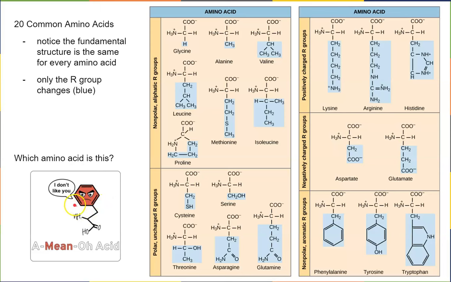So which amino acid is that right there? And if you said phenylalanine, then you'd be correct, right? Because it has that carbon, which is represented by that bend, and then it has that ring. So that's phenylalanine. That's a nonpolar aromatic amino acid. And again, there are 20 of them, so that's just one of the 20.